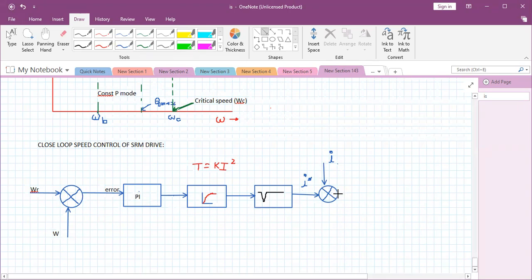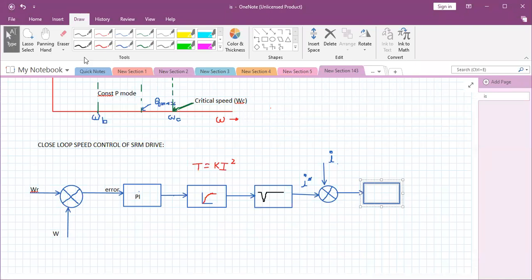Whatever the difference is, it is given to the controller block. We can say it is a current controller.